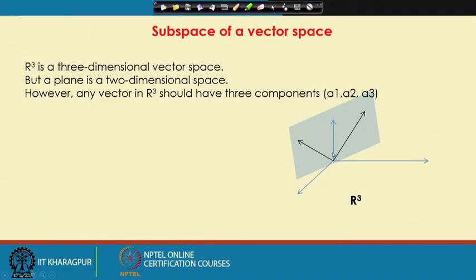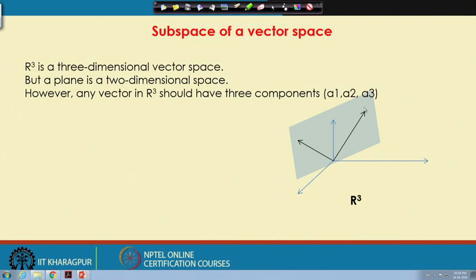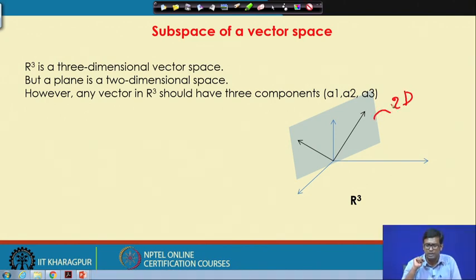Here we are discussing a real coordinate space R3, which is a 3-dimensional real coordinate space, but the subspace we are discussing is the plane. If we look into the slide, this subspace is the plane, and this plane is a 2D geometry. A plane is a 2-dimensional geometry.